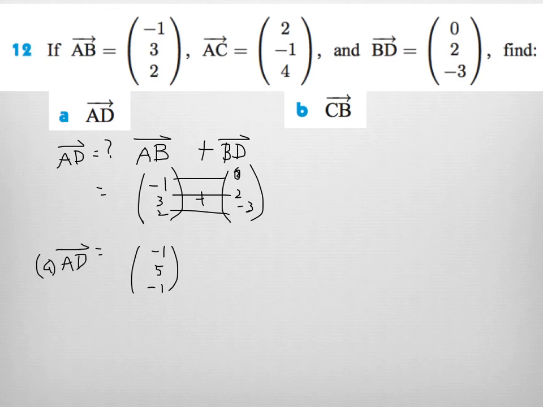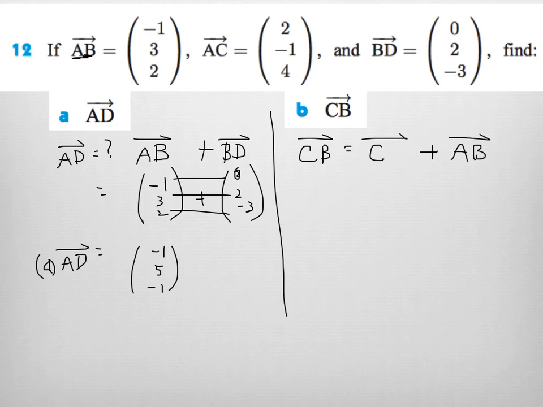For part B, we're looking for CB. This time we have to start with C. So we have to start with some vector that starts with C, and add that to some vector that ends in B. We have an AB over here, so we're probably going to have to add an AB. What letter can go in here?